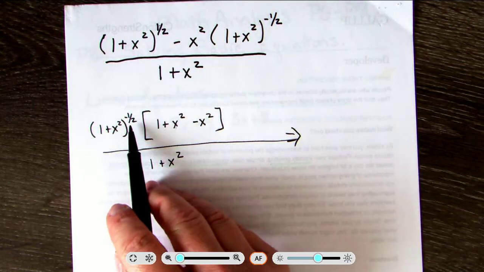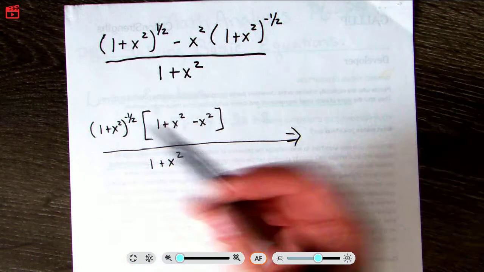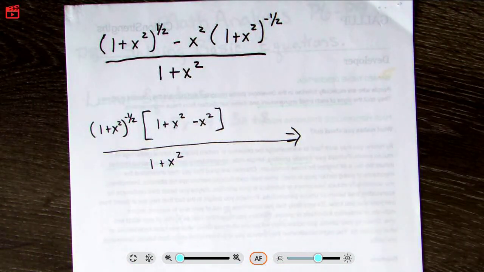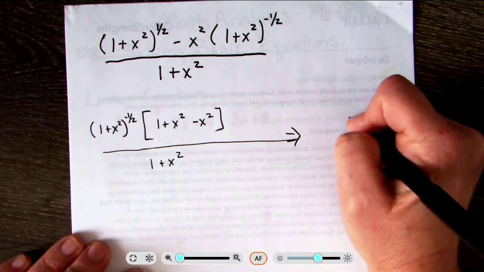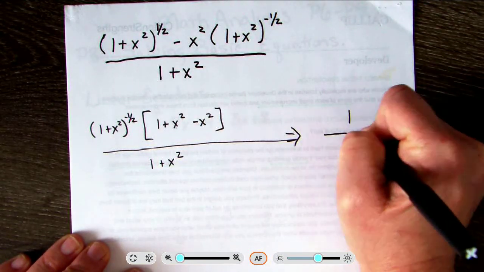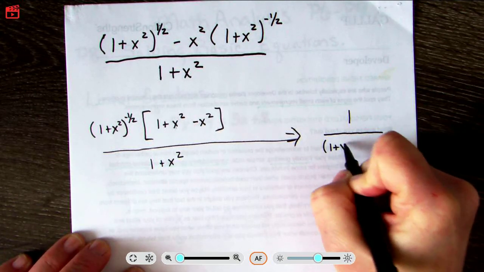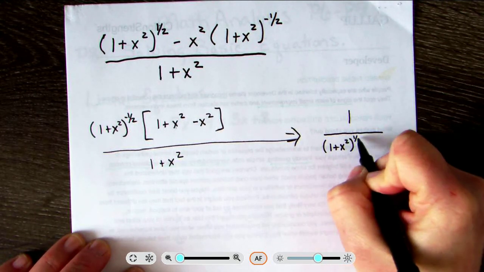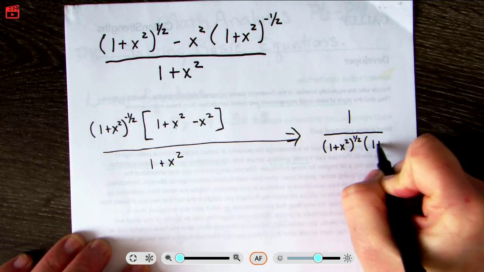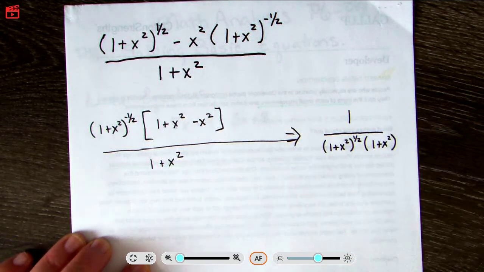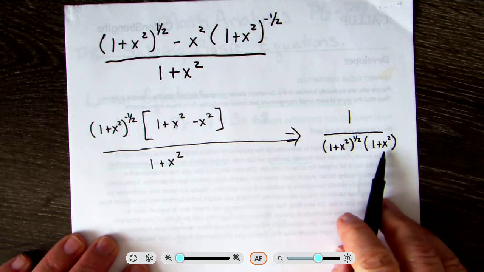I'm also now going to rewrite this with a positive exponent, which means it's going to go into the denominator, or into the basement. So all that's left in the numerator is the number 1. And we will have that 1 plus x squared to the 1/2 power and that 1 plus x squared. Notice they are the same.